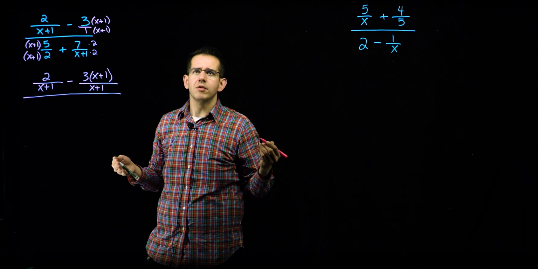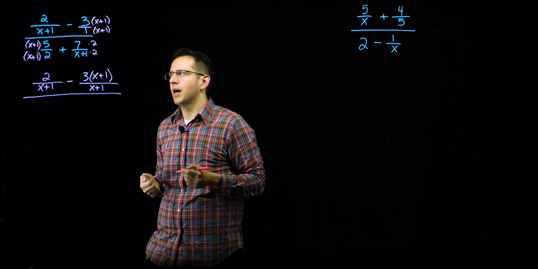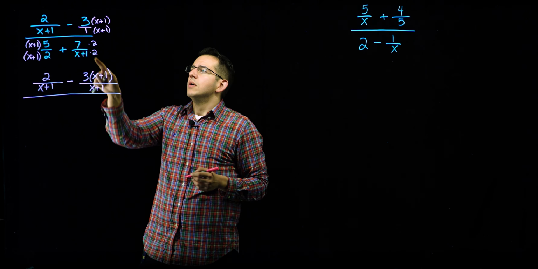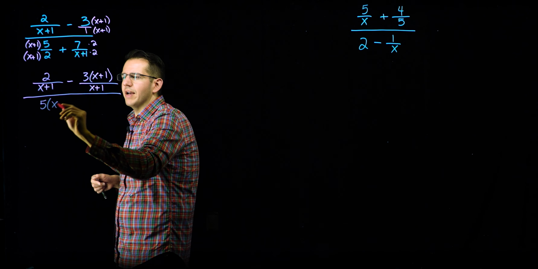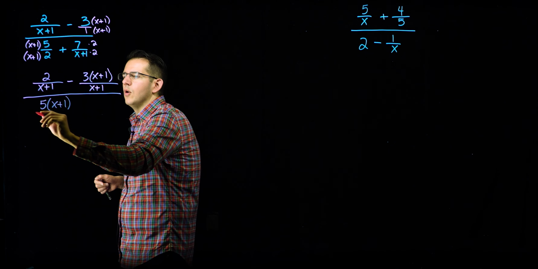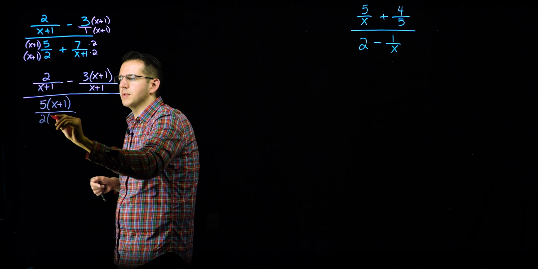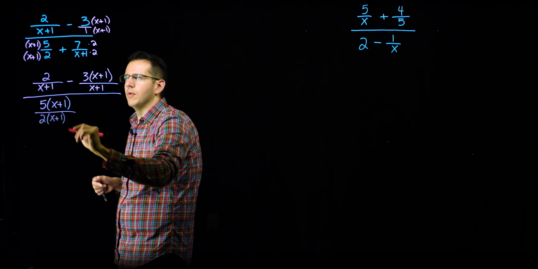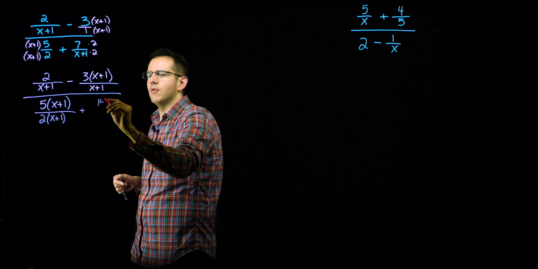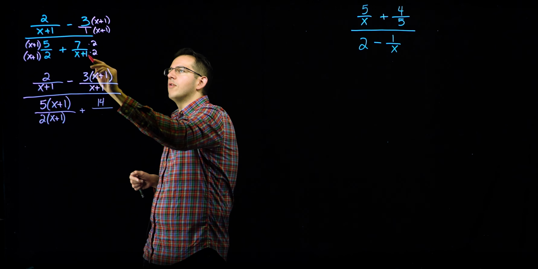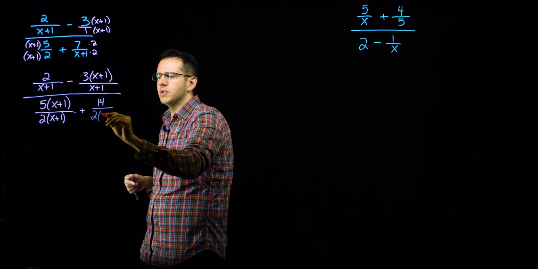Multiplying by any number over itself is the same thing as multiplying by 1. So this will give us 5 times the quantity of x plus 1 over 2 times the quantity of x plus 1, plus 7 times 2 is 14 over 2 times x plus 1 again.